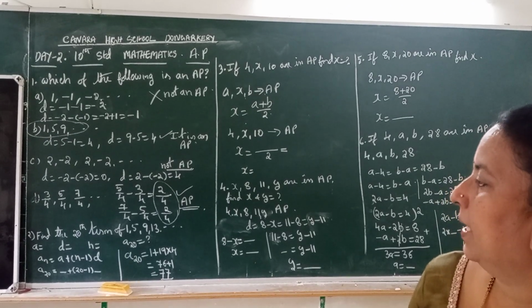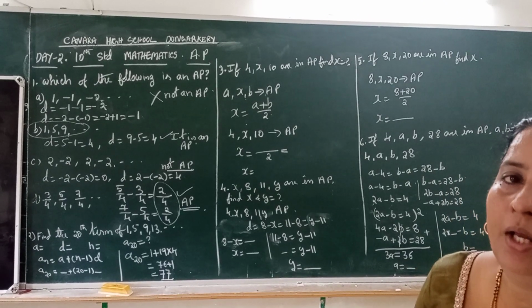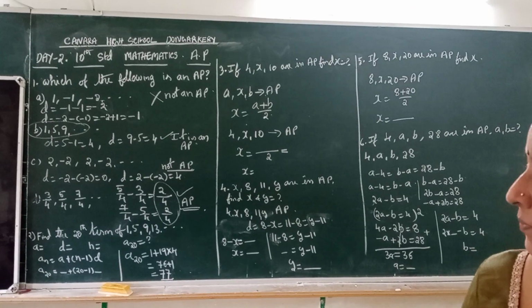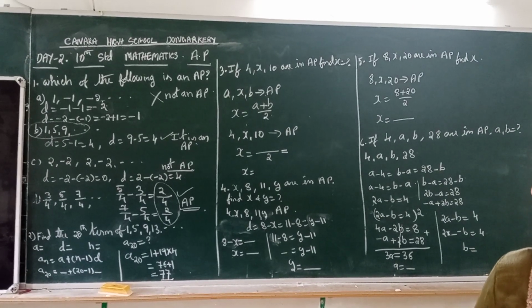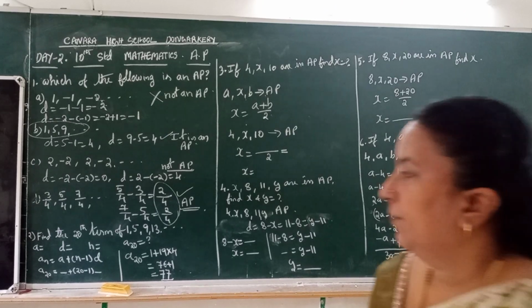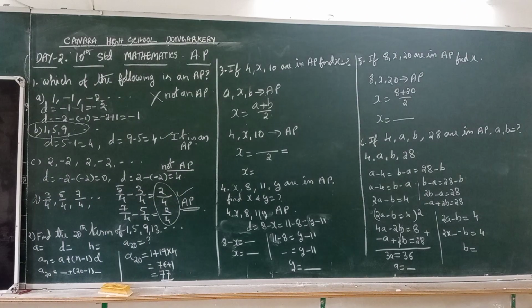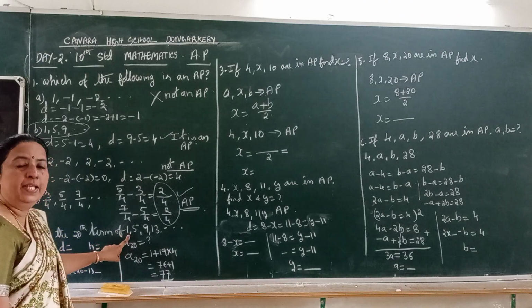Find the 20th term of 1, 5, 9, 13, and so on. Copy question. Find the 20th term of 1, 5, 9, 13. a is the first term.